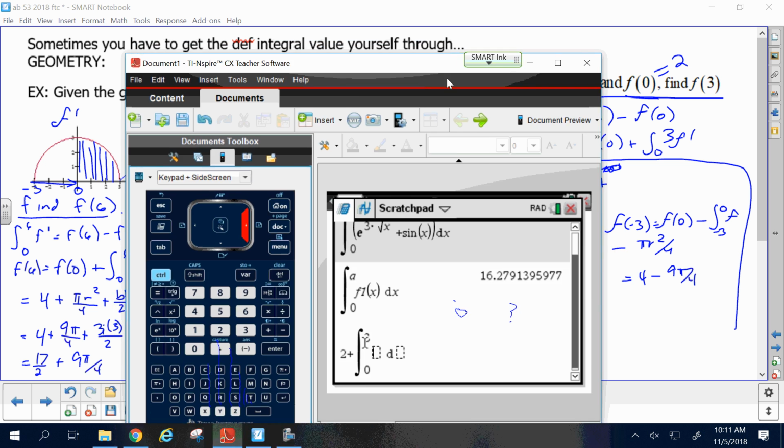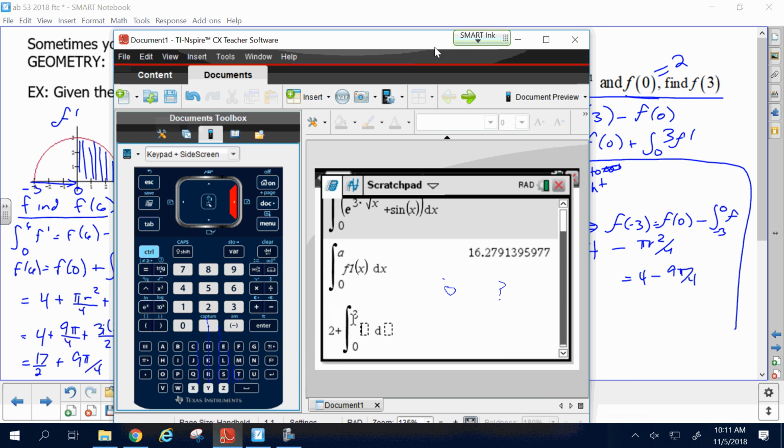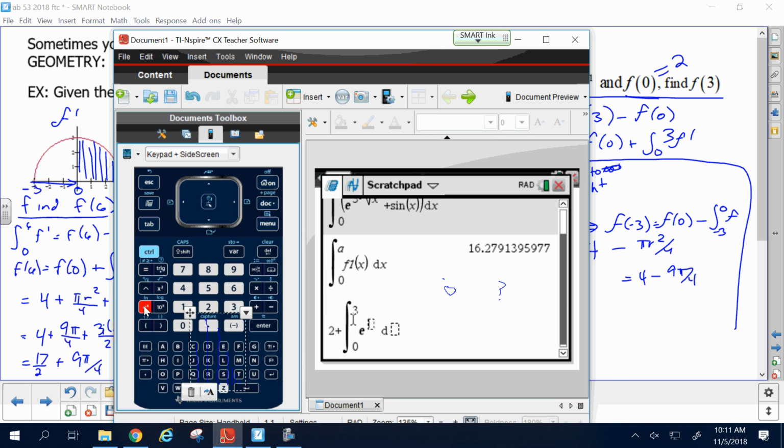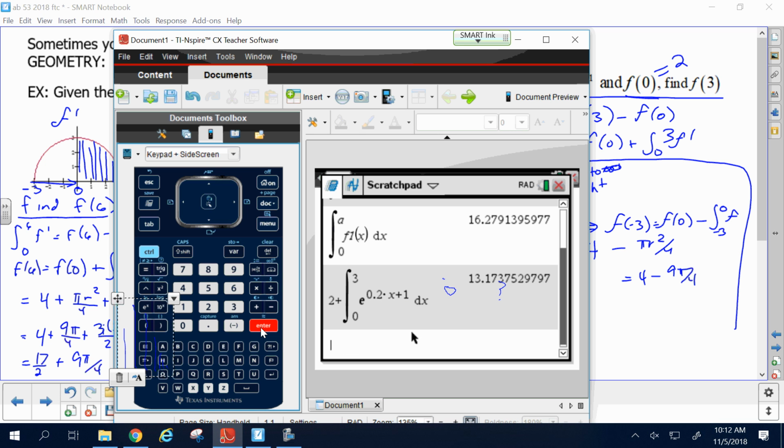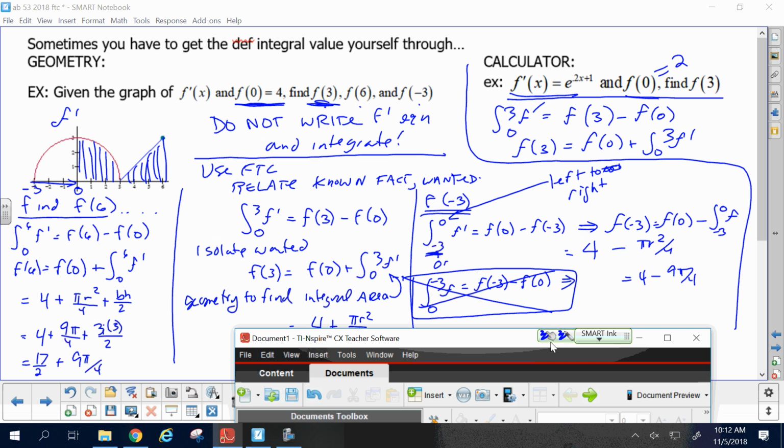So what is the function? e to the 0.2x plus 1. You do have to put the differential in. I get 13.1737. Yes? Okay. 13.1737. That's it.